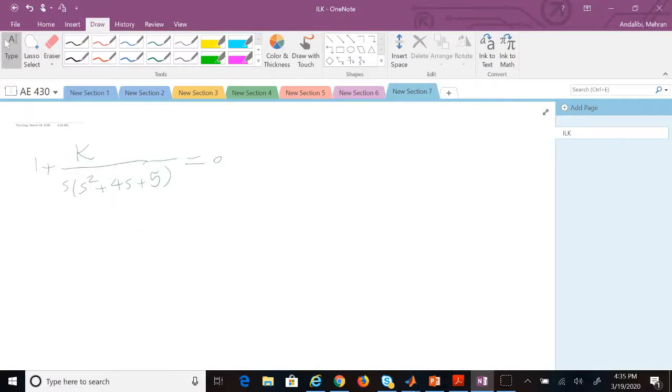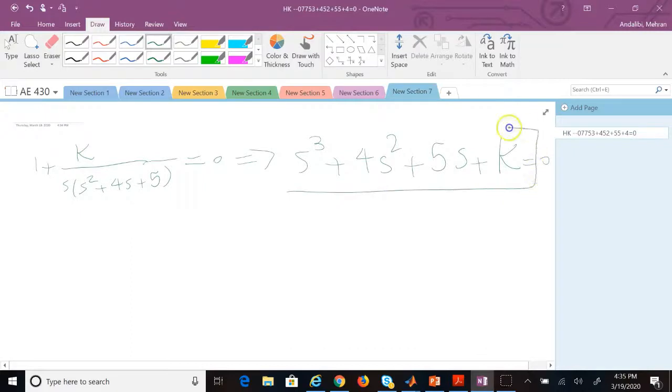So now this is what I do. I first cross multiply to make life easy and get rid of this term. If I do that, I'm going to get s cubed plus 4s squared plus 5s plus k is equal to 0. That is my characteristic equation, my characteristic polynomial.